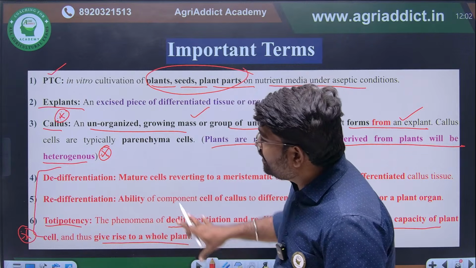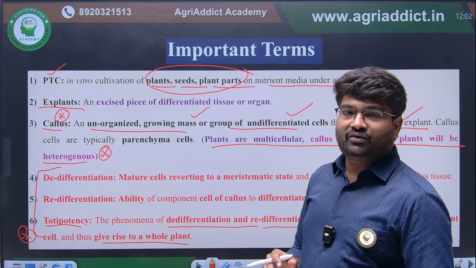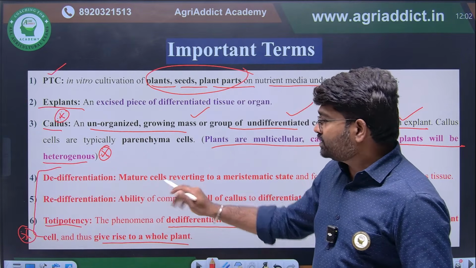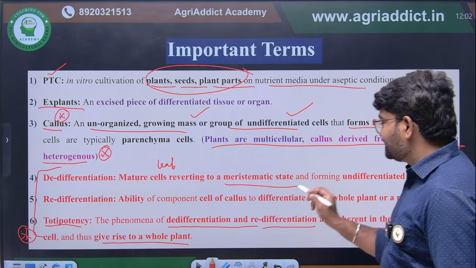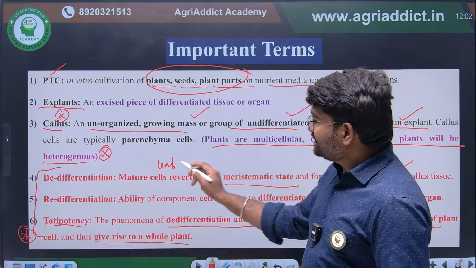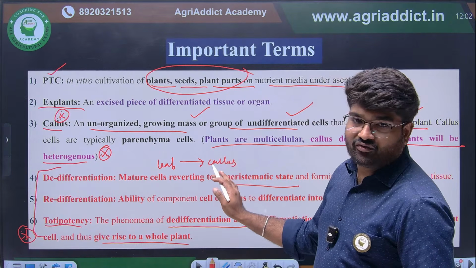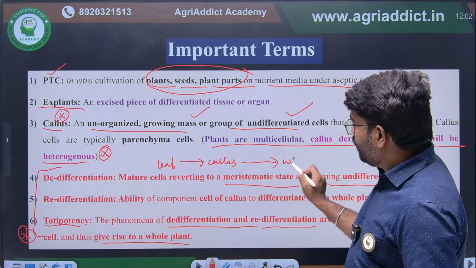Now we are going to see what is de-differentiation and what is redifferentiation. De-differentiation means a mature cell, for example a leaf, reverting to meristematic state and forming undifferentiated callus. That means leaf is converting into callus, an undifferentiated mass of cells. Then this callus is converting to a whole plant.